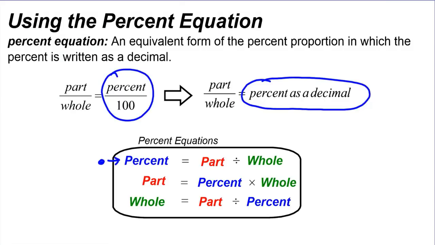So it'll be something less than 1 if it's a percent that's less than 100%. If the part is missing, we can use this equation right here where the part equals the percent times the whole. And again, the percent is written as a decimal in this equation. And then finally, if the whole is missing, we can use this equation. Whole equals part divided by percent. And again, the percent has to be expressed as a decimal in these equations.